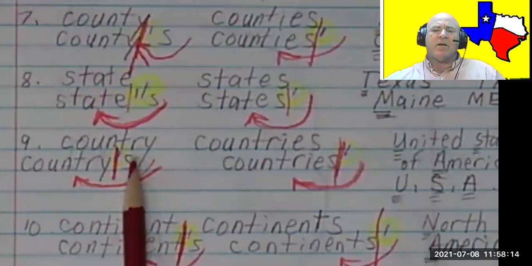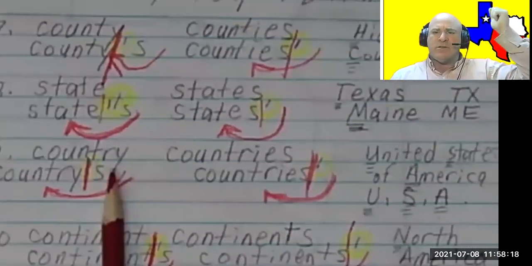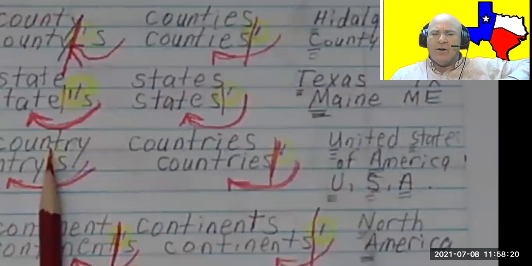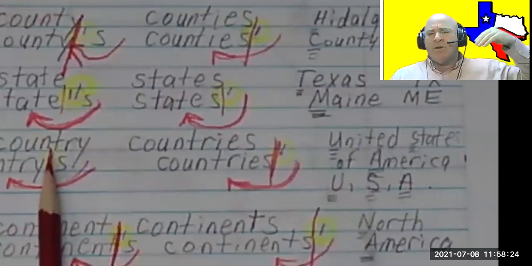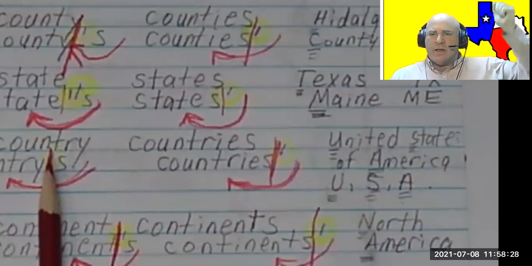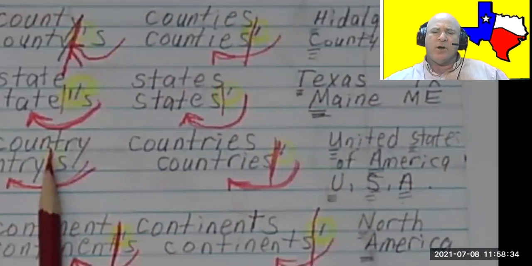The name of our country: capital United, capital States, capital of, capital America, or if we abbreviate, capital U, period, capital S, period, capital A, United States of America.